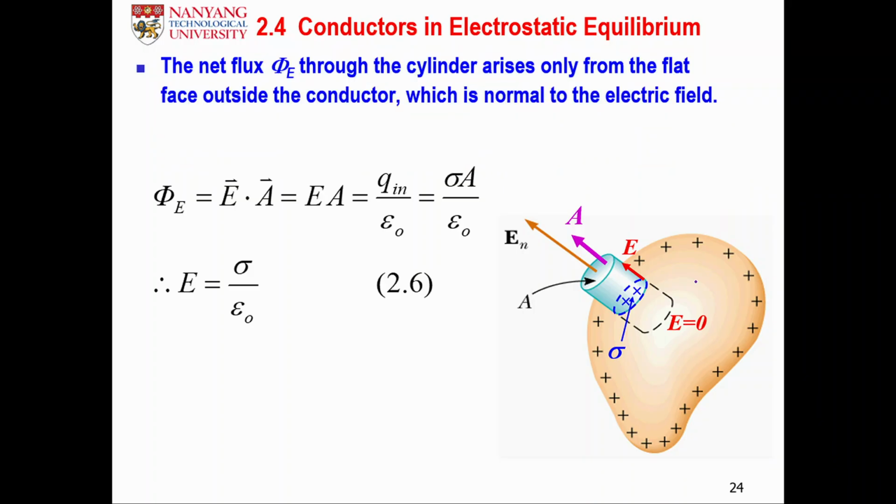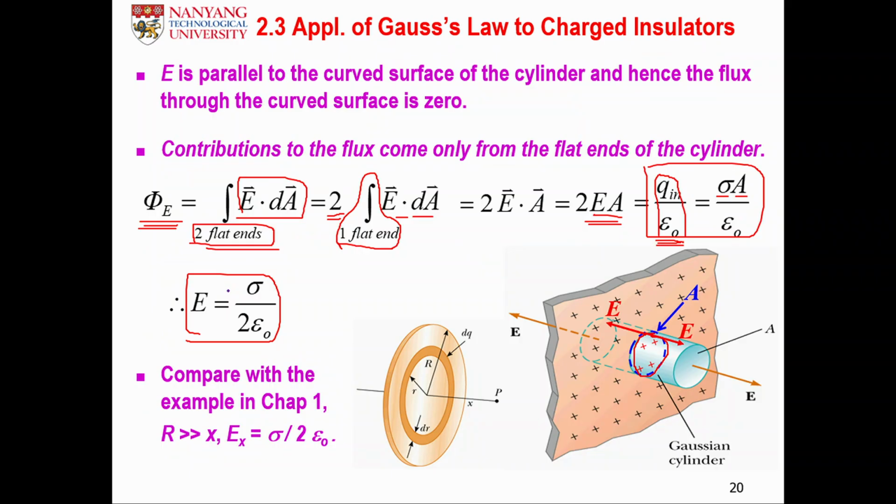Of course, what we need to do is apply Gauss's law. Let's say you have this kind of surface, and you construct a Gaussian cylinder, and then you can apply Gauss's law for this Gaussian cylinder and find out this E. So now, pay attention to this one and this one.